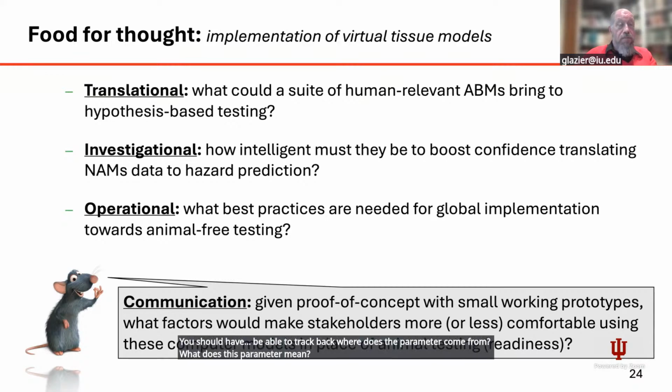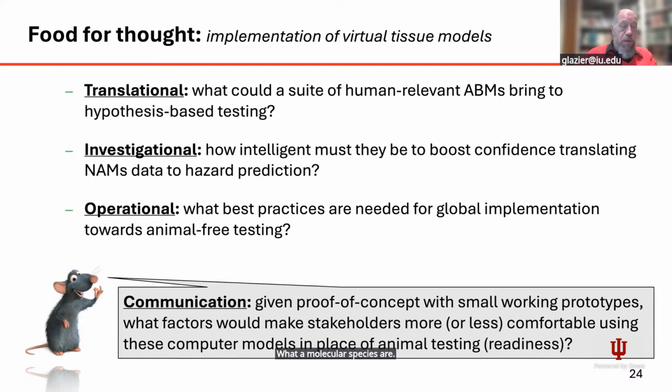NIH has put a lot of work into creating ontologies that give specific definitions of what a cell type is, what a behavior and process are, what a molecular species is. In principle, if you want to make reproducible models that are usable in a regulatory context, every concept in your model should be annotated from one of those reference ontologies. At the moment, doing that is quite time-consuming, and that's a place where LLMs might be able to help a lot.